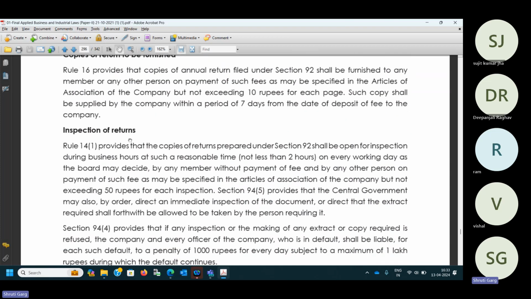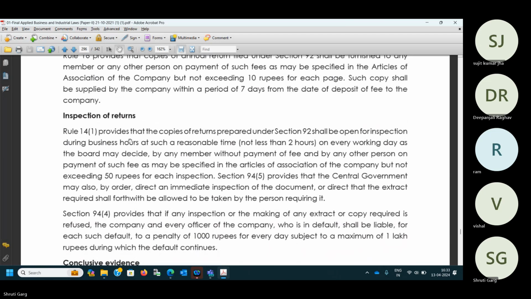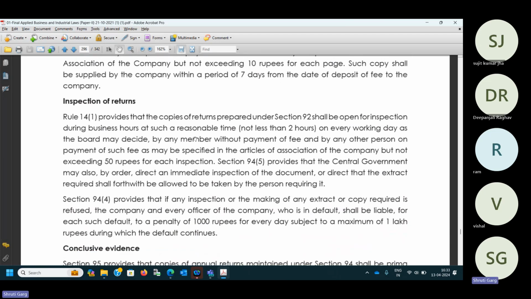Now, inspection of returns. Rule 14 provides that copies of return prepared under section 92 shall be open for inspection during business hours at such reasonable time for not less than 2 hours on every working day. Same thing, right? The registers and the returns are the statutory records of the company, and every company has to maintain this and preserve this at least for 8 years.